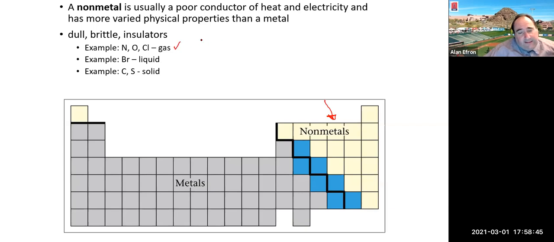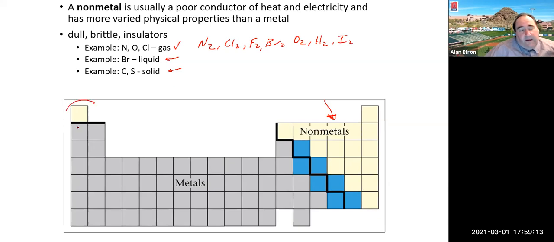Some of them are gases, like our nitrogen, chlorine, fluorine, oxygen, and hydrogen. Bromine and iodine come as twos too, but nitrogen, oxygen, and chlorine are gases. Bromine is a liquid. Some are solids.